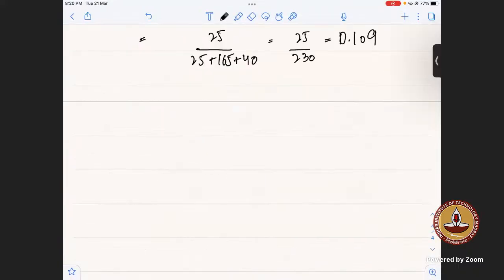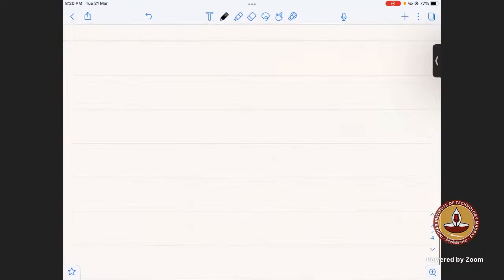Yes, yes, sir. Okay. Now, what we have is that in the urn, there are 10 balls, right? Of the 10 balls, 3 are black, which implies 7 are red, right?